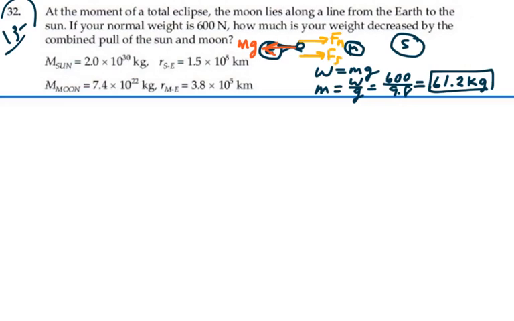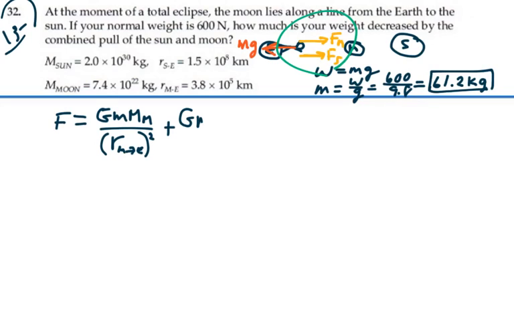Okay, so we want to find the combined effect of these two forces of gravity. So what we have is that net force is going to equal the gravitational force between you and the Moon, and your distance from the Moon to the Earth, that distance squared, plus the gravitational force between you and the Sun, and your distance from the Sun to the Earth, that distance squared.